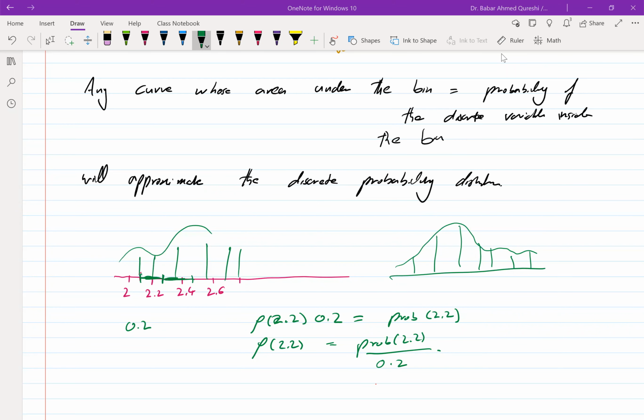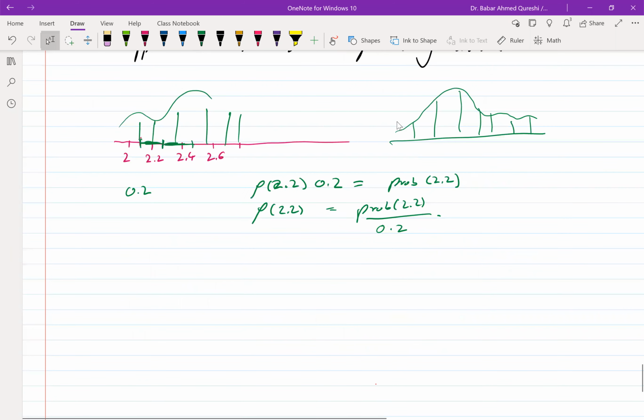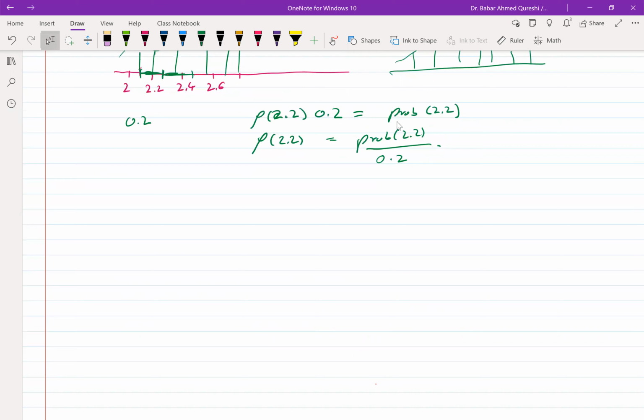Excuse me, sir. Changing discrete into continuous, what is the benefit of this? There is a lot of benefit, because the biggest advantage for us is that we will be dealing with the normal curves a lot. And we know the properties of normal curves. We can calculate them, look them up in the charts.